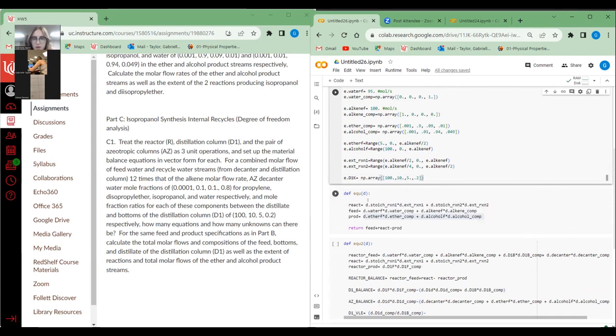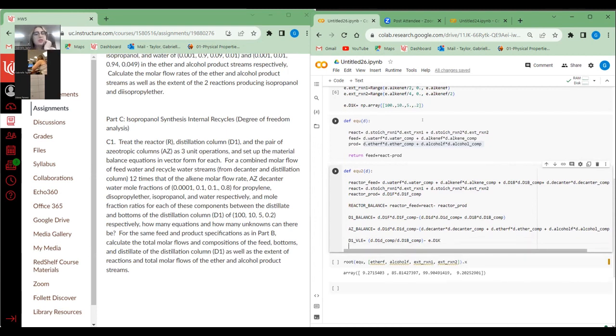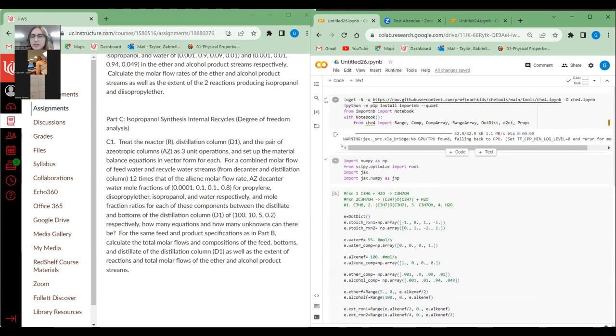So let's just do d dot dk, and we have our D2N2, which is going to be a dictionary named tuple, right?